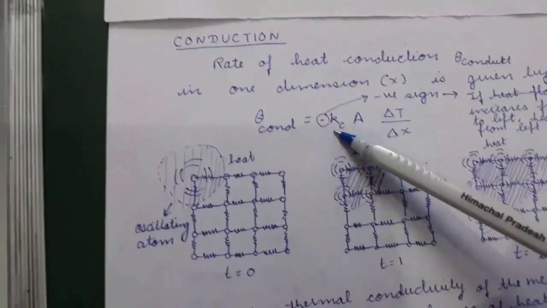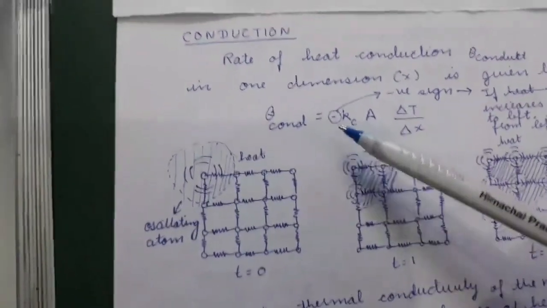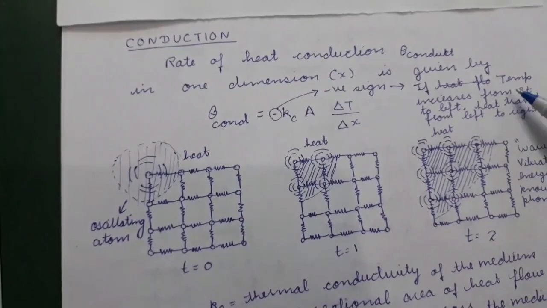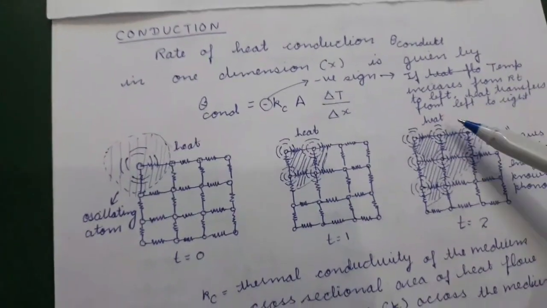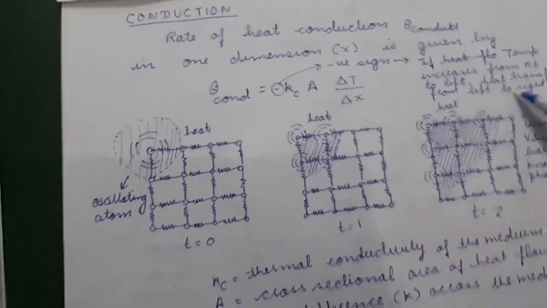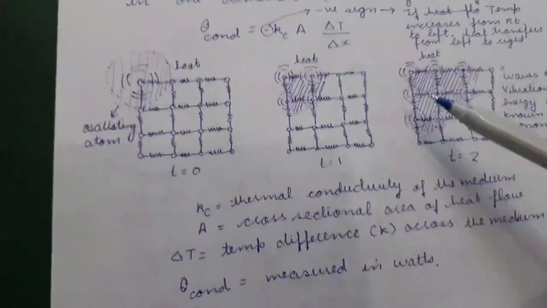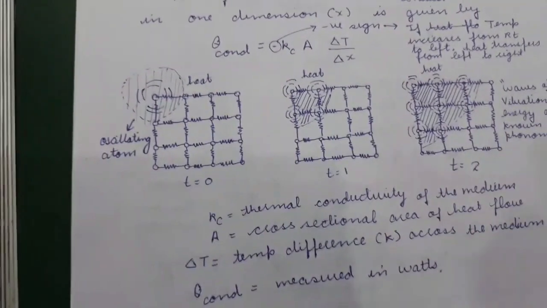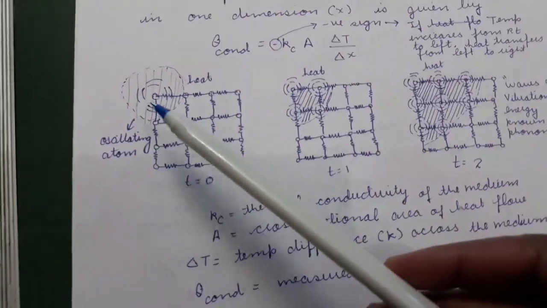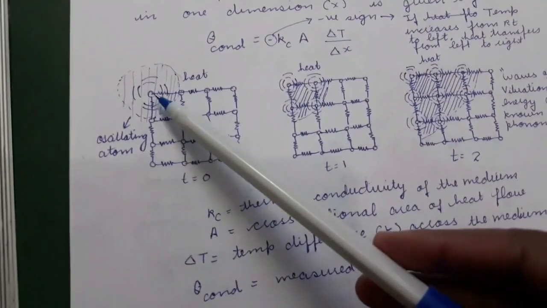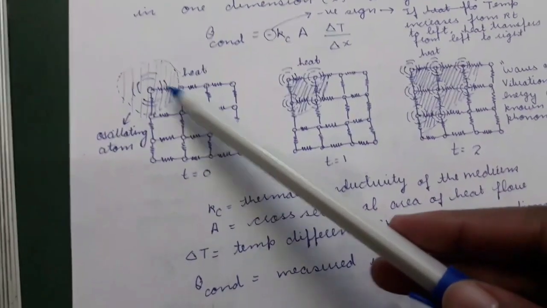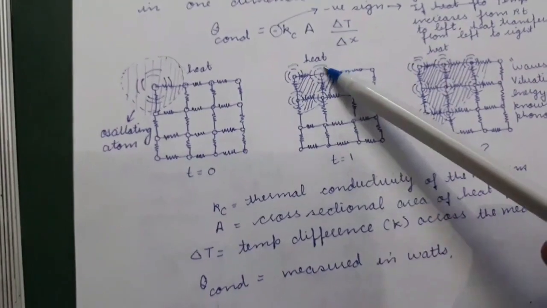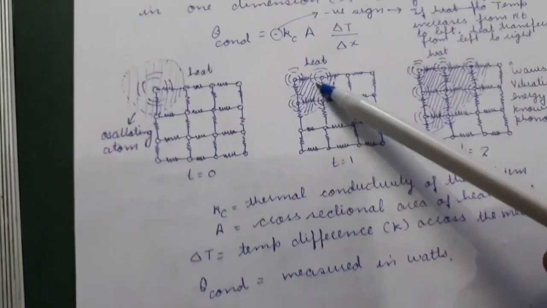And Kc depends upon the type of the material that we are using. The negative sign just means that if temperature increases from right to left, then heat transfer will take place from left to right. And for this mechanism of heat transfer by phonons, we have already discussed that if one of the atoms is heated, it will oscillate with higher amplitudes, and because the other atoms are coupled with the first atom, they also start oscillating with higher amplitudes.